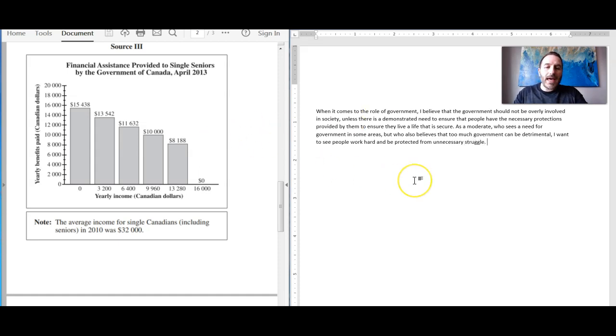All right, so that is my statement. When it comes to the role of government, I have a value statement.